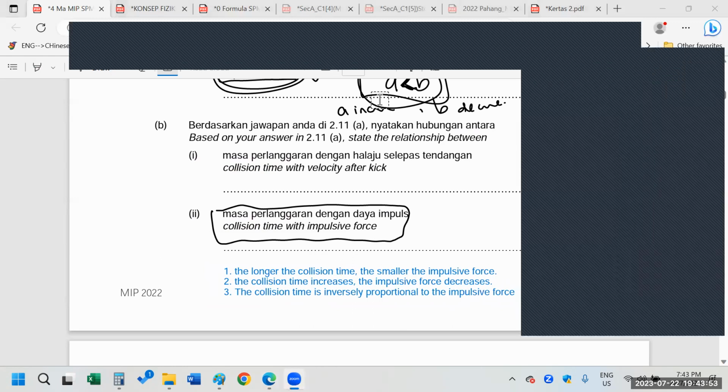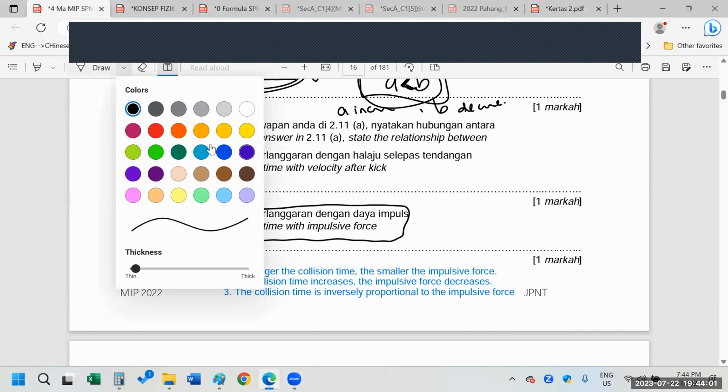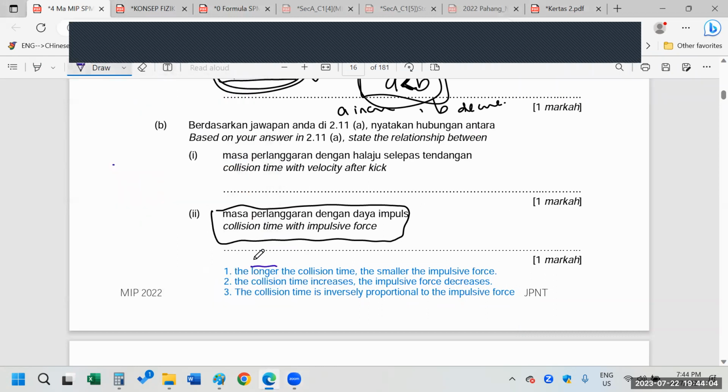The shorter the collision time, the higher the impulsive force. If you want to say it the other way round, also can. The shorter the collision time, the greater the impulsive force. But for me, I like to say increase or decrease first.